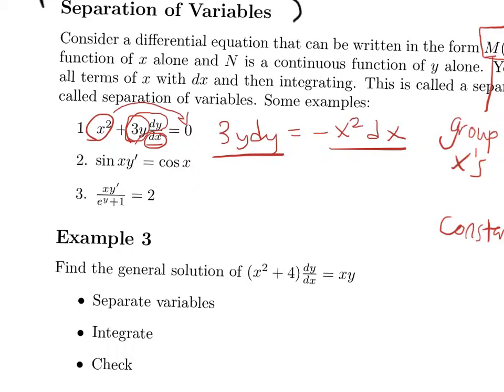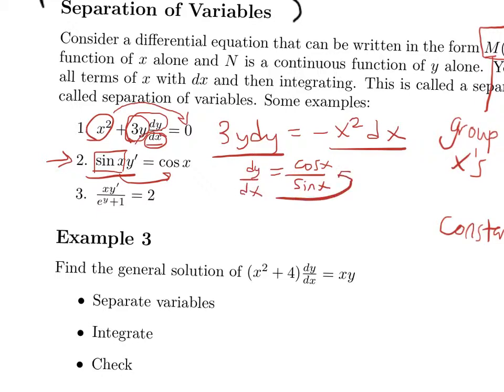Okay, notice here, number 2 doesn't look like what we saw, but we can make it, right? We can get rid of this x from being with the y prime just by dividing. So we can end up with y prime equals cosine x over sine x, which we can replace the y prime with a dy dx, and then we can move the dx to the other side.